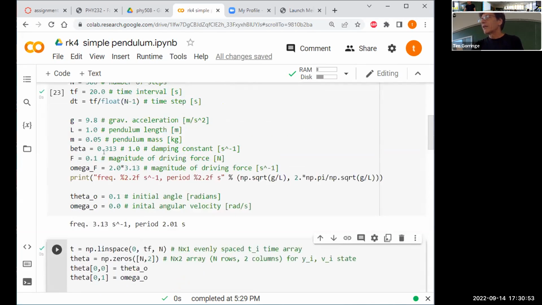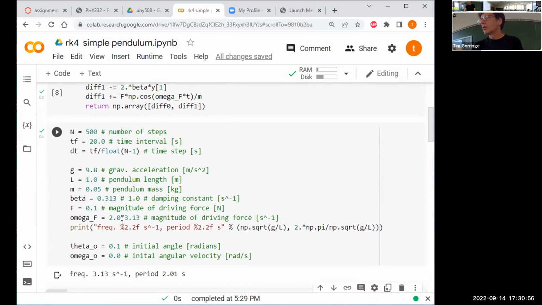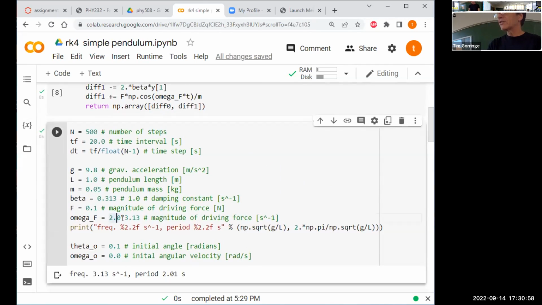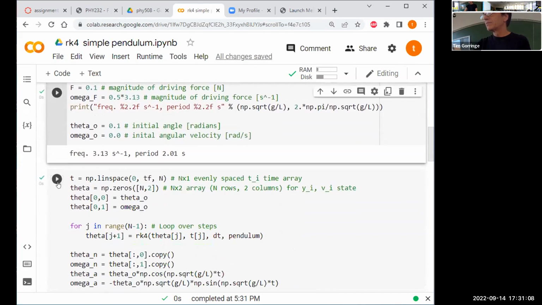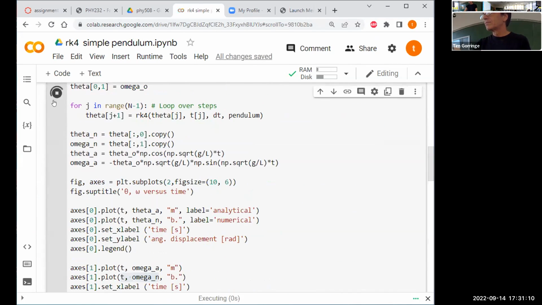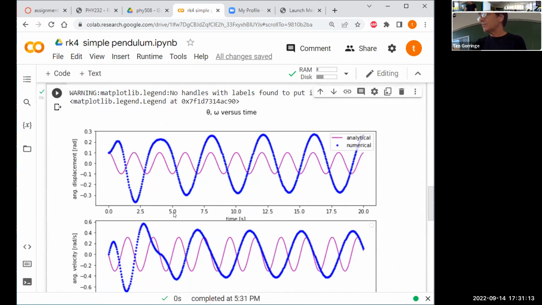Just to make that clearer, supposing instead of making the force frequency twice as big as the natural frequency, let me make it half as big. Now you see, again, on the far left is this transitory period where the numerical solution looks kind of complicated in its shape.